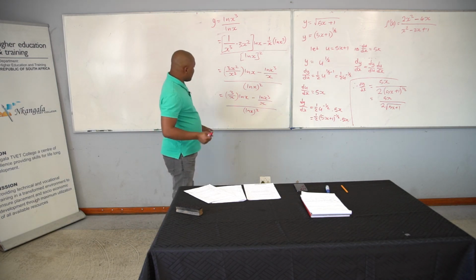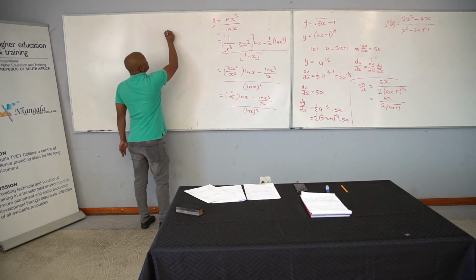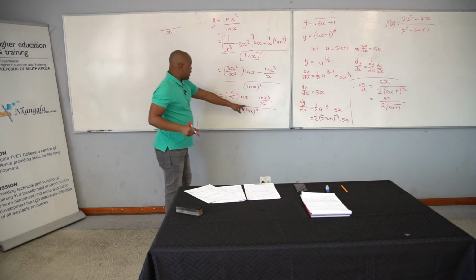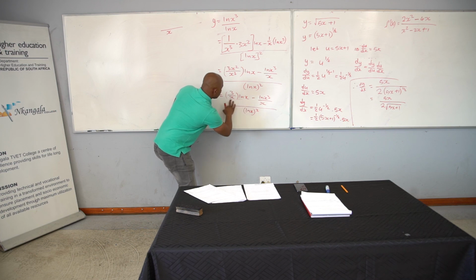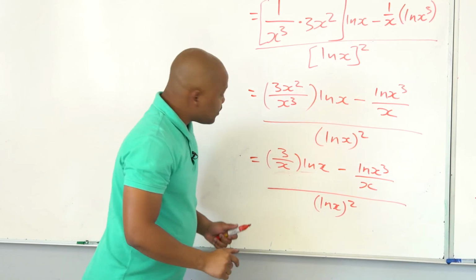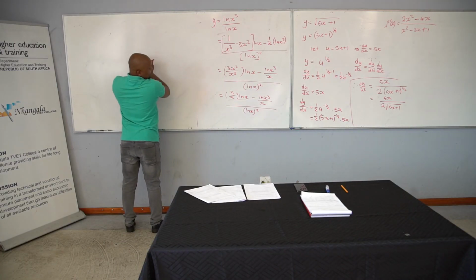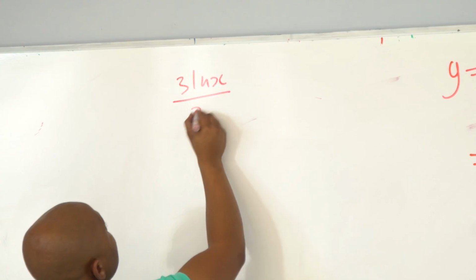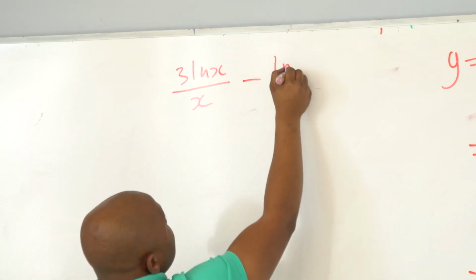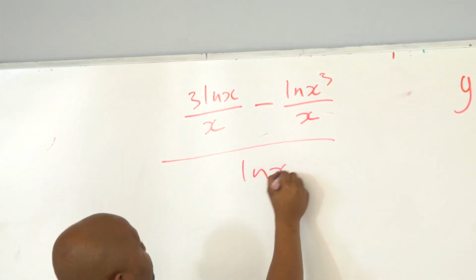I'm suspecting that you can leave it here. It's fine. Other than that, you're going to first look for the LCM of x. This is the same as 3 ln x over x minus ln x to the 3 over x, all over ln x squared.